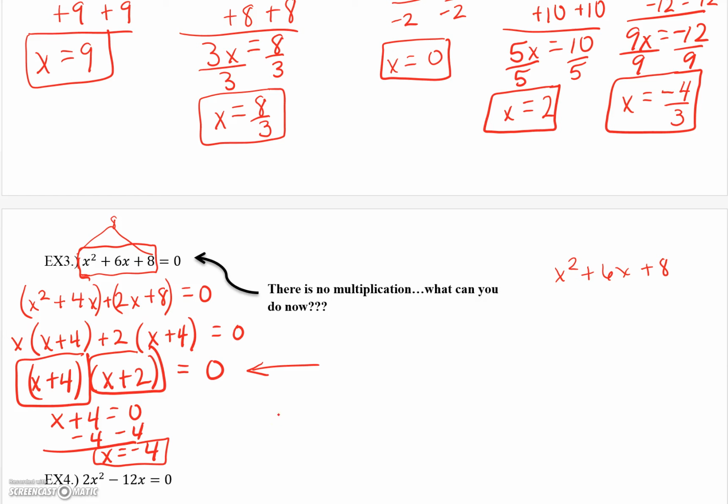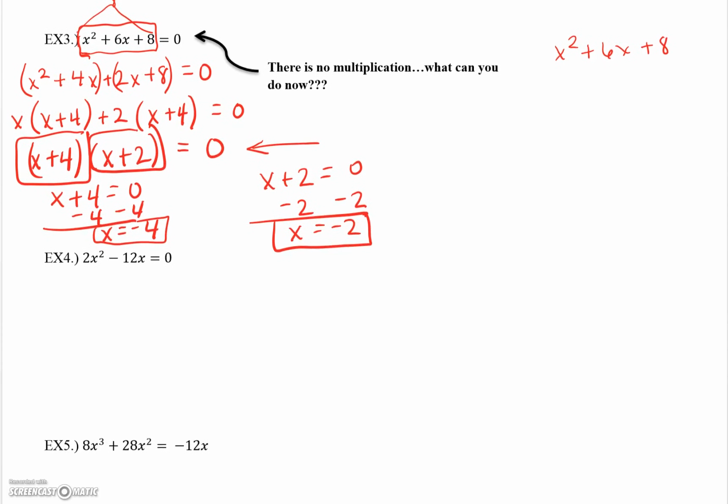Or this parenthesis here could be 0, and in that case I would get x equals negative 2. So I have two different answers here. One way to think of it is if you have a squared term, you're going to have two different answers. If you wanted to double check both of those answers, you could plug them back in and you would see that it would make it true, but for time's sake, I'm not going to show that.